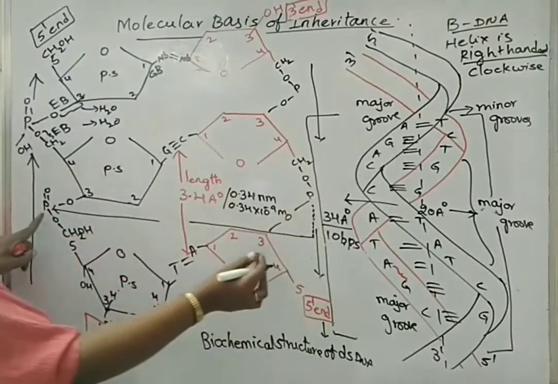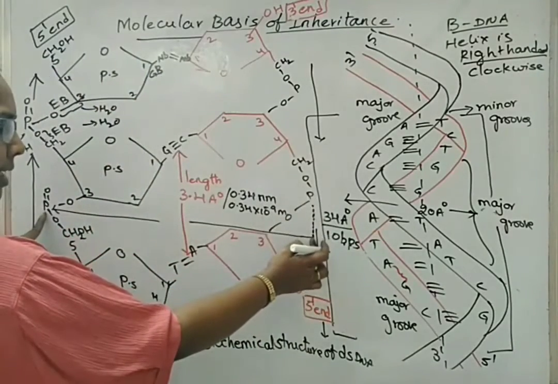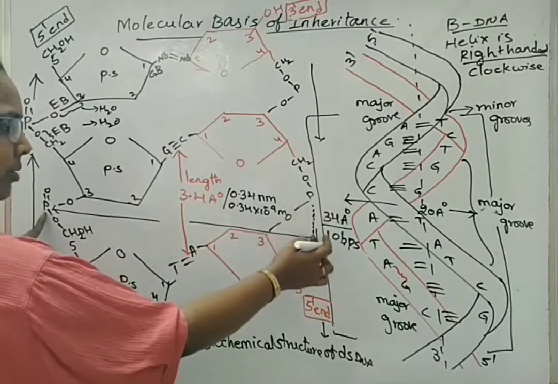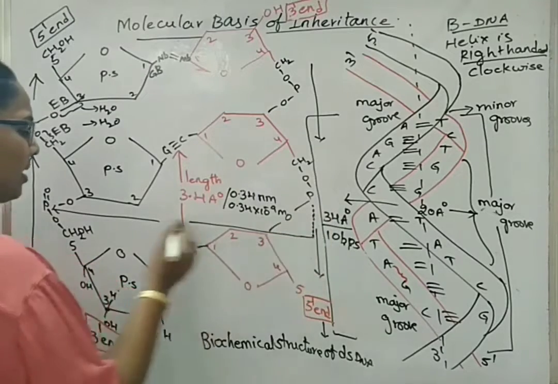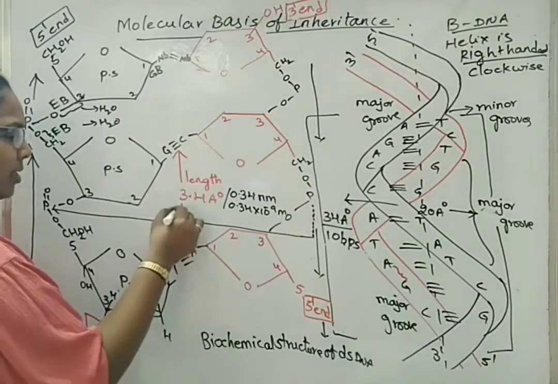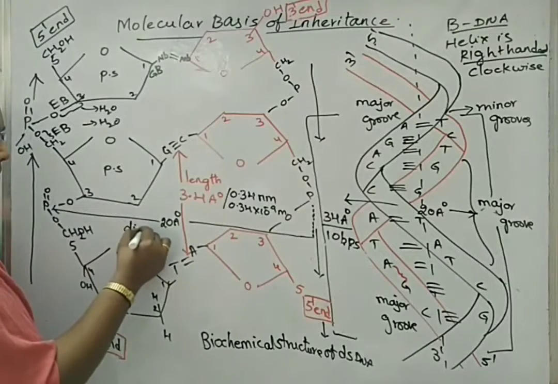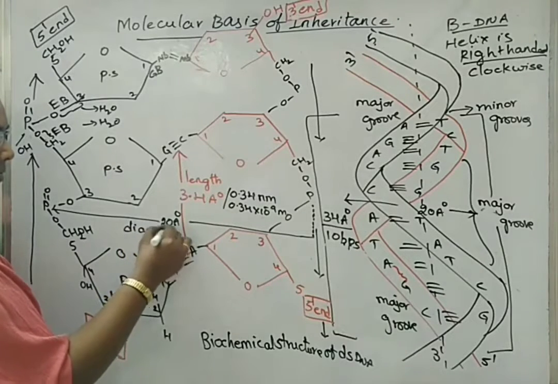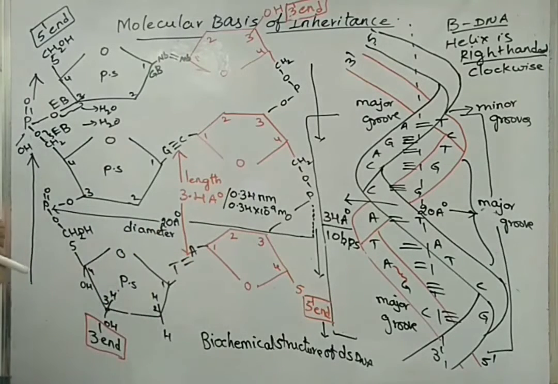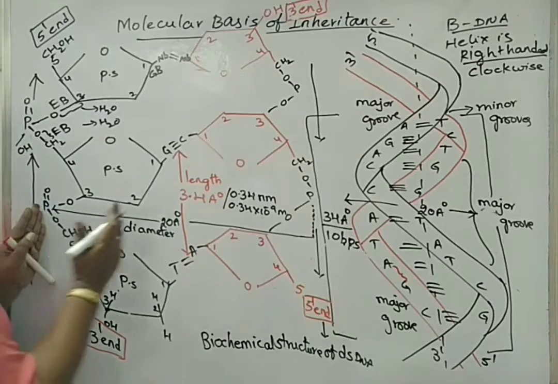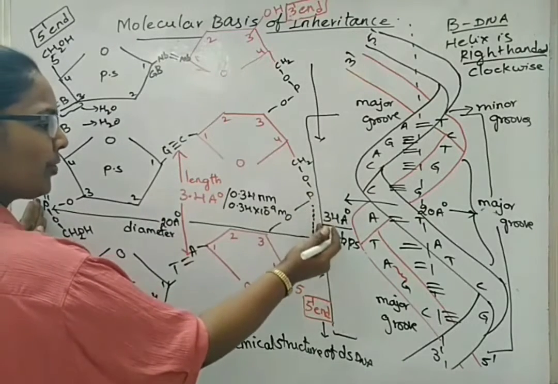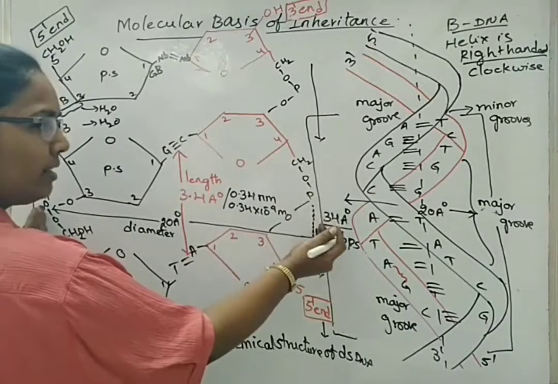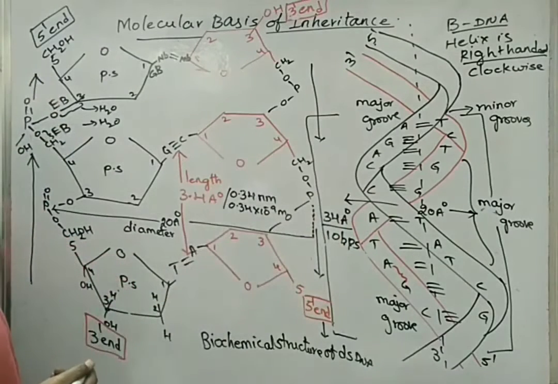The distance between this phosphate and the line corresponding to the nearby phosphate is considered 20 angstroms, which is nothing but the diameter. So the diameter is calculated from the distance between two phosphate molecules on either side of the anti-parallelly running double-stranded DNA molecule.